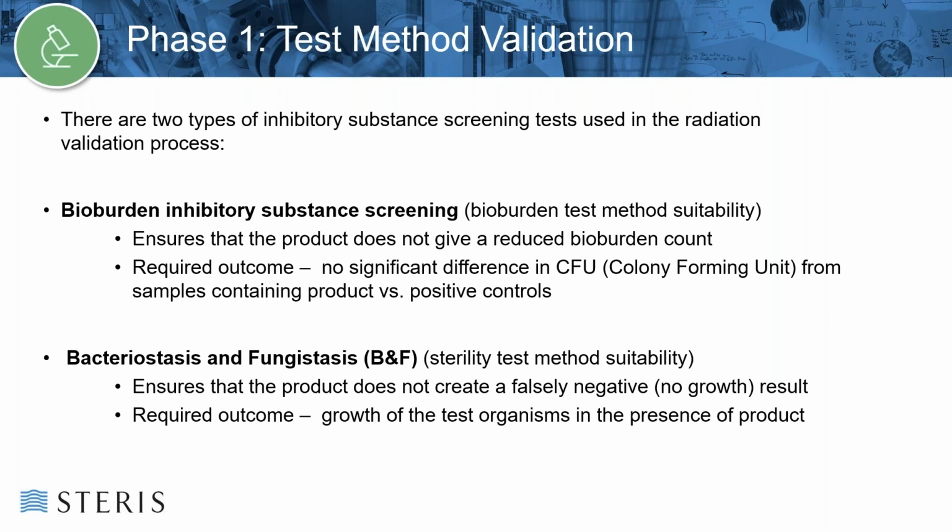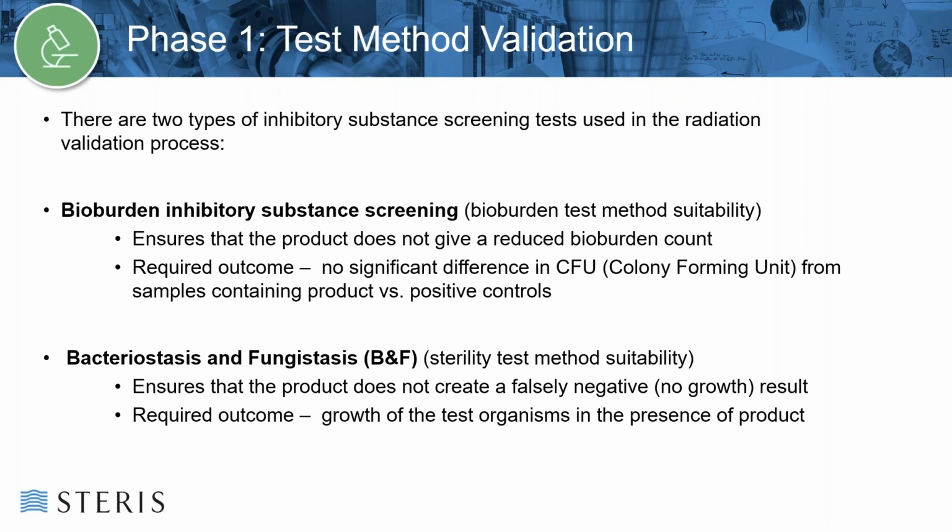This test is a quantitative test resulting in a number of colony-forming units obtained and compared to control samples. The required outcome is that the growth recovered from samples containing product is not significantly different to that seen in samples containing no product or positive controls. Note the completion of inhibitory substance testing may not always be applicable, but should be considered.